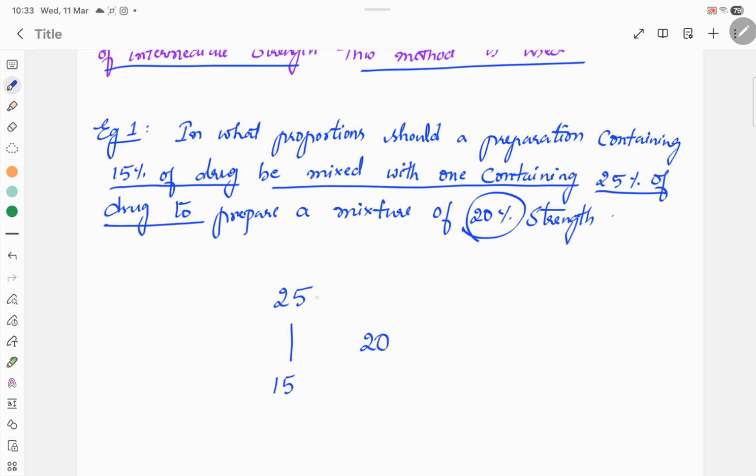So here we go with the alligation method. 25 minus 20 you will get 5, 20 minus 15 you will get 5. That means 5 parts of 25% drug and 5 parts of 15% drug are used in order to prepare a mixture of 20% strength.